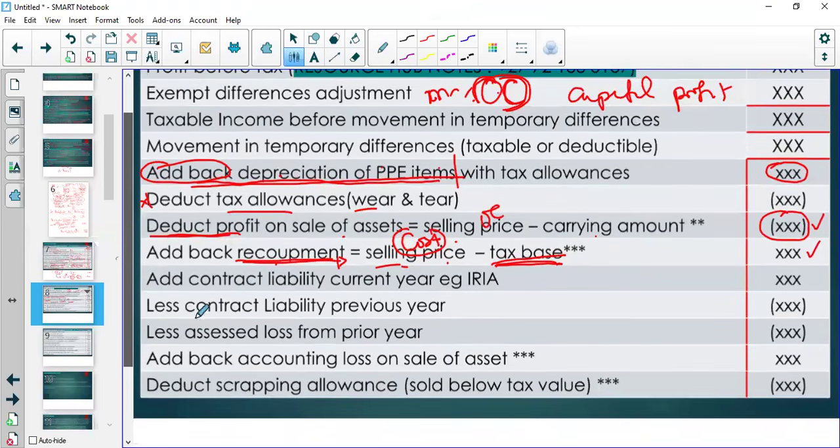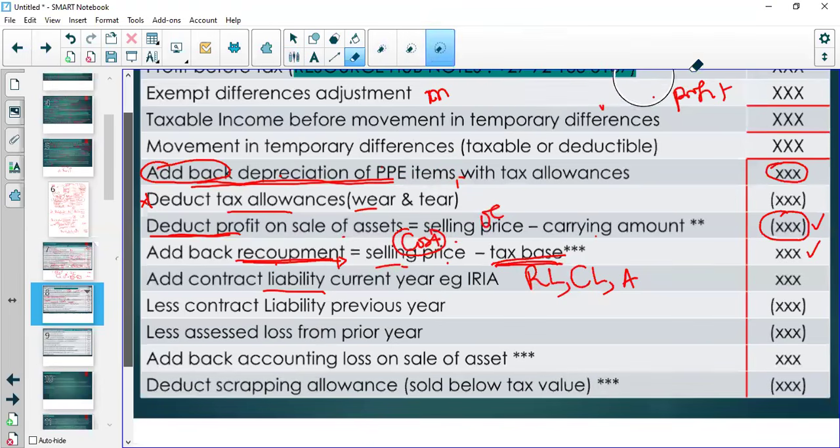And we have contract liability. Contract liability has to do with things like your refund liability, your customer loyalty, your allowances for settlement discount granted. Those are contract liabilities. All those things are contract liabilities.